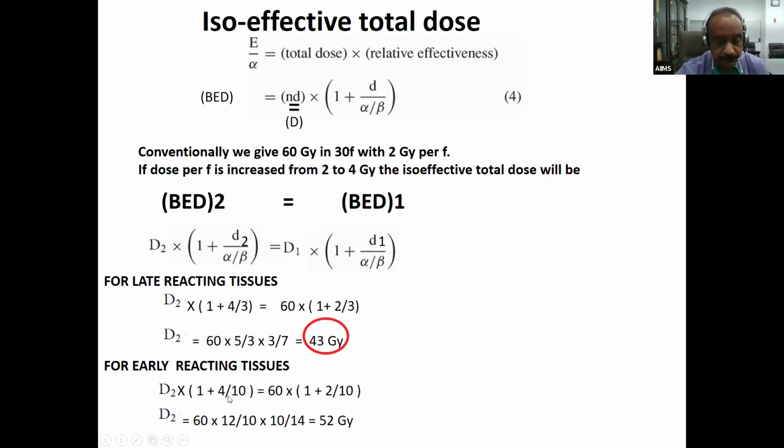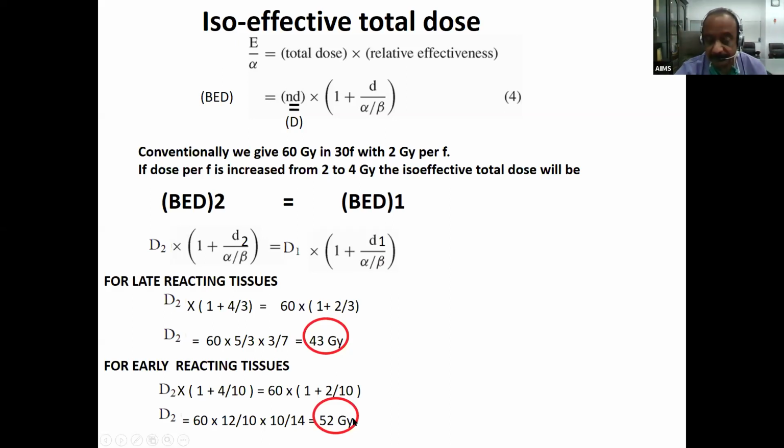For early reacting tissue, everything remains the same except this alpha beta ratio. Now we will have to use alpha beta ratio 10, not 3. So when you put these values here and you calculate, this is very simple mathematics. All of you can practice at home. When you calculate, it comes out to be 52 gray. Now, again, a very serious message.